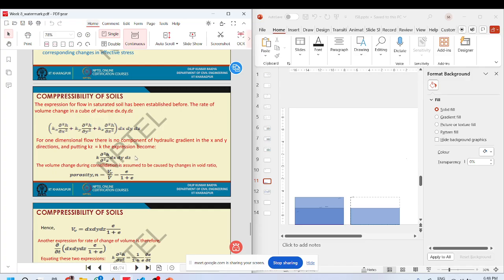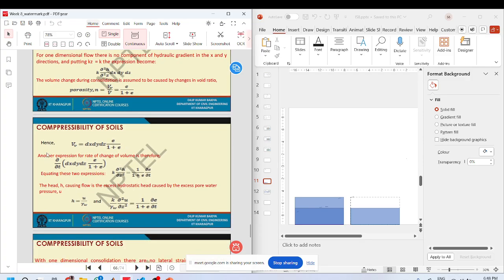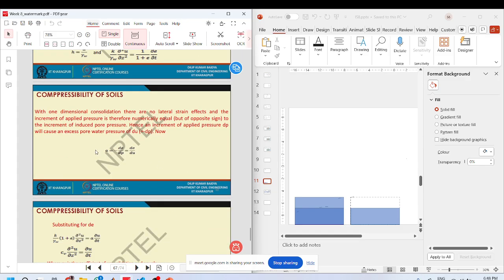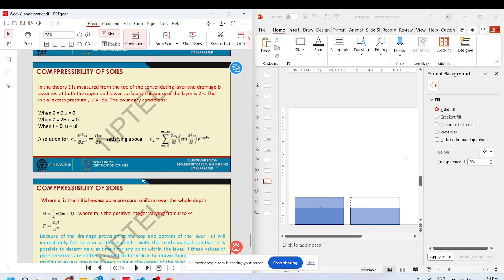And you replace this using the concept of porosity, what you will end up with is your compressibility, your consolidation equation, which is basically this: Cv del 2u over del z square equals del u by del t.